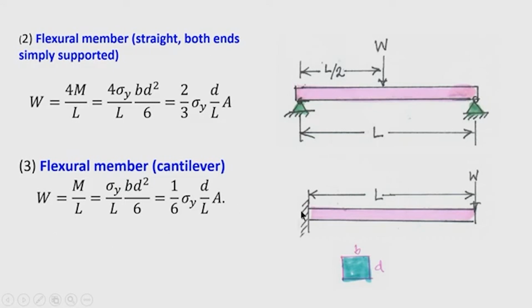So, here maximum bending moment becomes W into L, and therefore, this W can be written as M by L, where M is the maximum bending moment. Again, denoting this section modulus as B d square by 6 and sigma y is the maximum stress, then we can write that the load carrying capacity W of this cantilever beam is sigma y by L into B d square by 6, where the load W is acting at the free end, that is the tip.